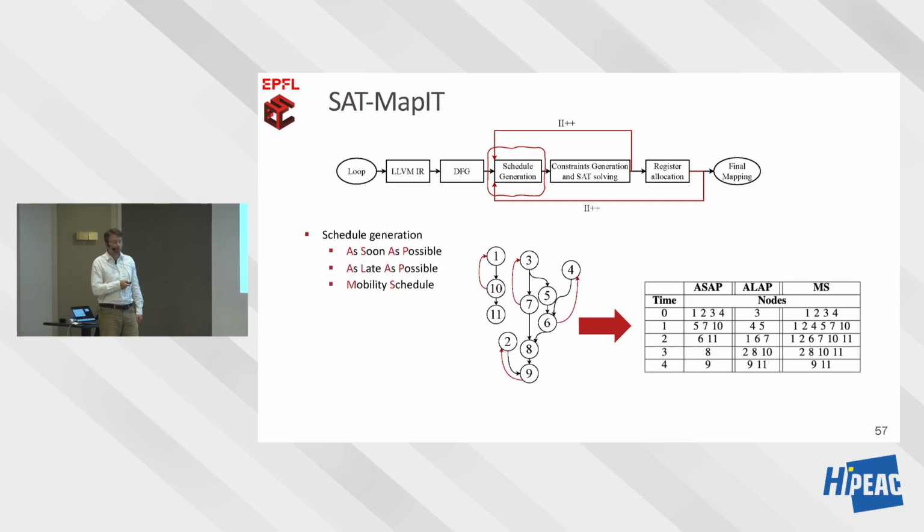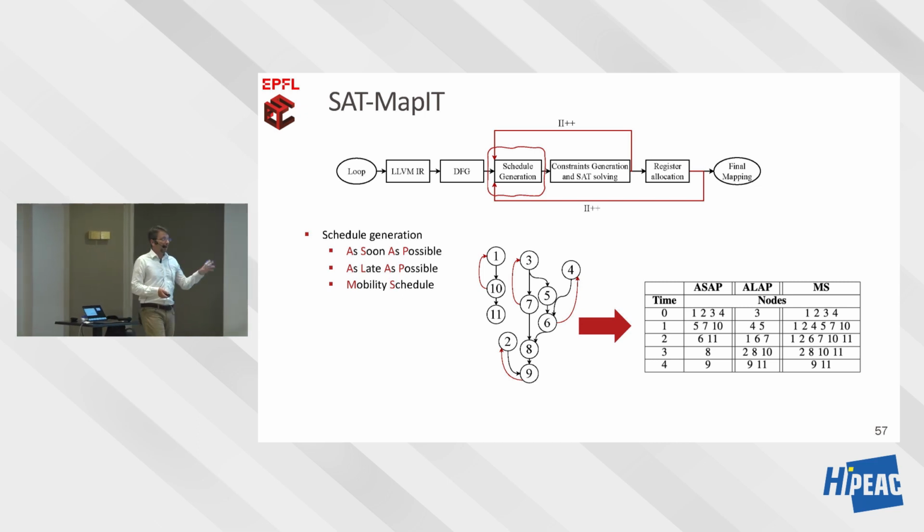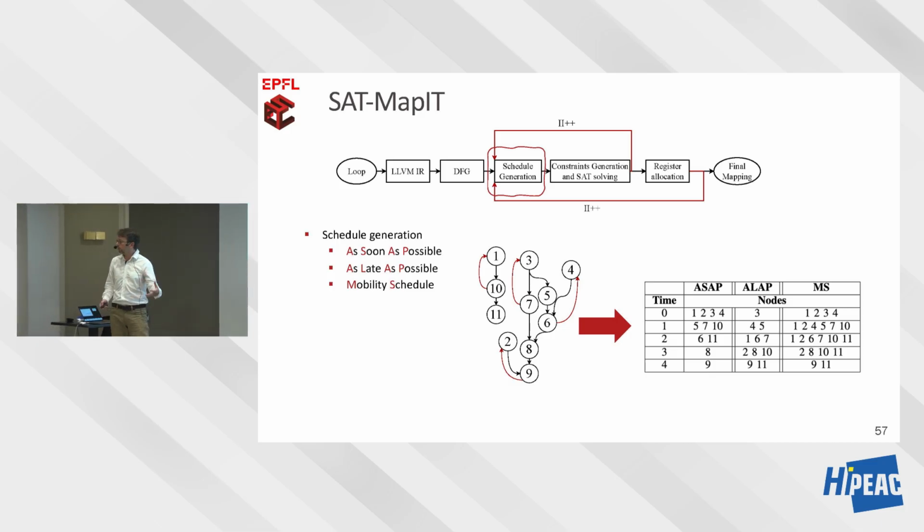From this graph, we can actually achieve a schedule, and we start from saying, okay, for each operation, how soon it can be scheduled and how late it can be scheduled. And we know that each feasible solution will be in between this as soon as possible and as late as possible scheduling, and the superset of all possible solutions is what is called the mobility scheduling.